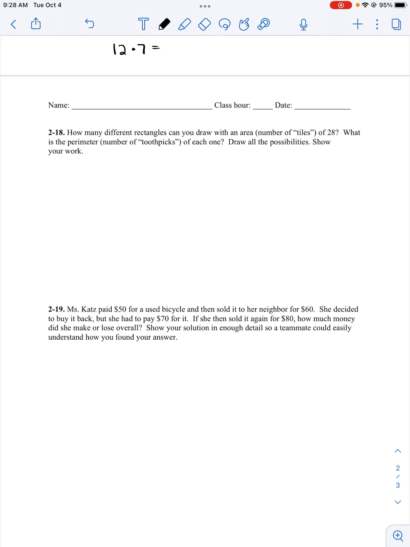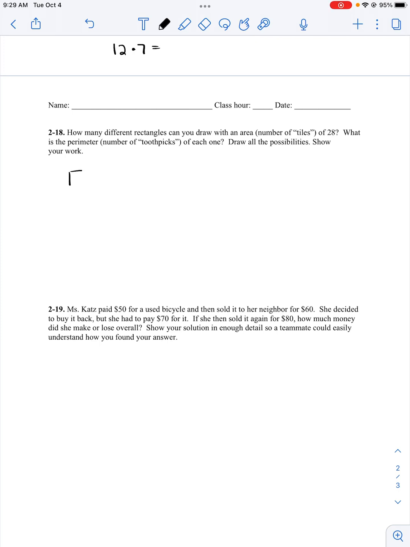Okay, with problem 18, how many different rectangles can you draw with an area of 28, or the number of tiles? We have 28 tiles. What is the perimeter or the toothpicks of each one? Draw all the possibilities.